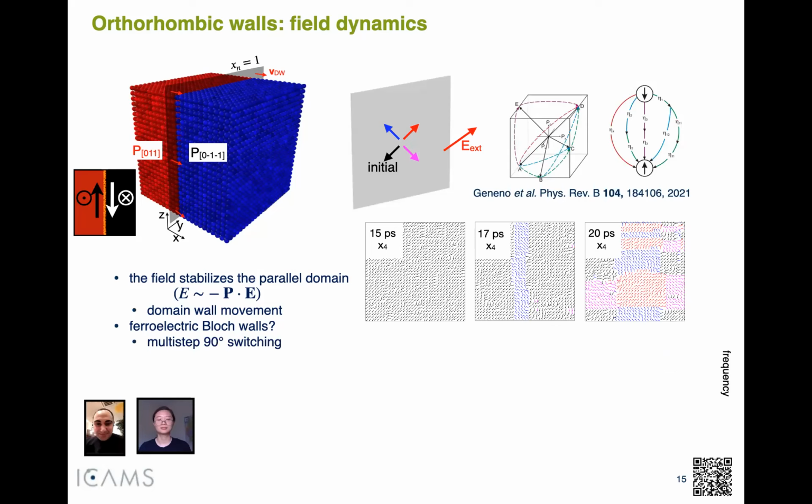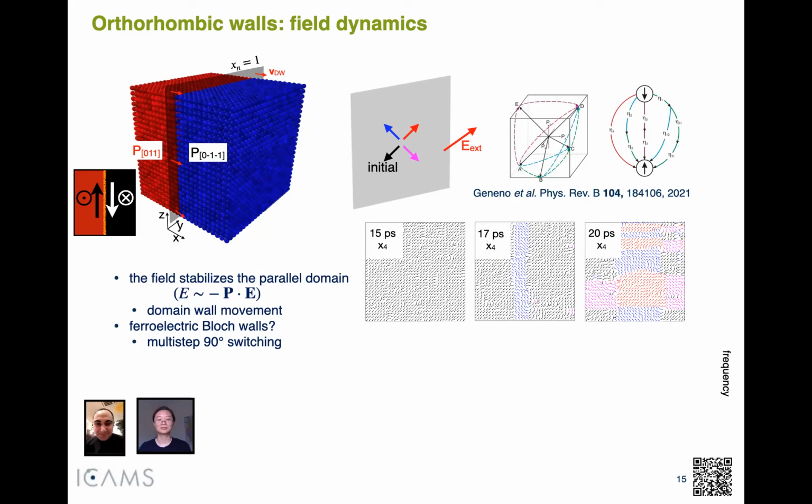It has actually been predicted that it is lower in energy to not directly switch, but to switch by successive 90-degree steps. And this is what we actually see. For some reason, the resolution is a bit bad on this computer, but no worries, I hope you can still see. What we see is the formation of clusters on the wall with this 90-degree switching.